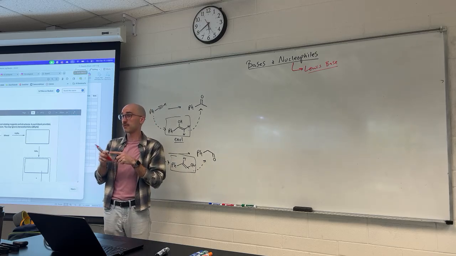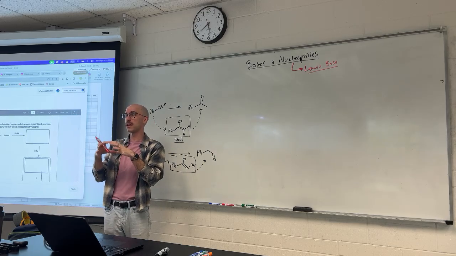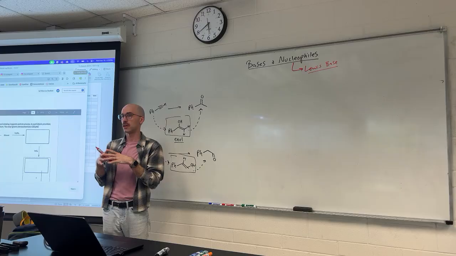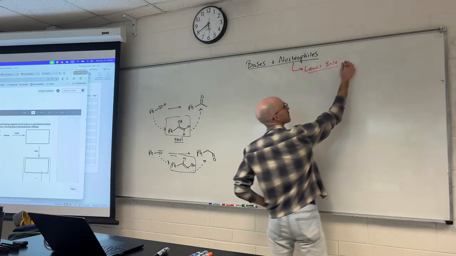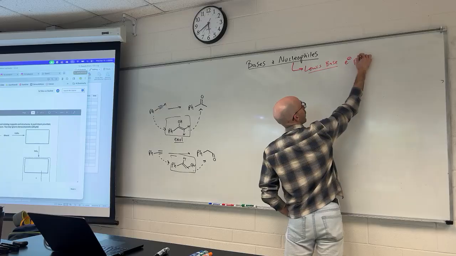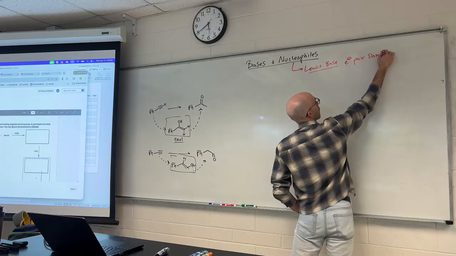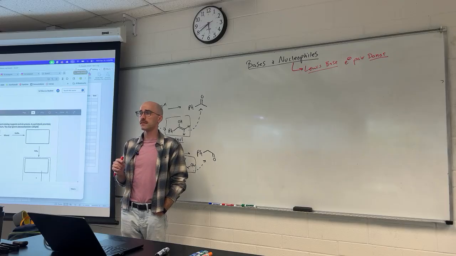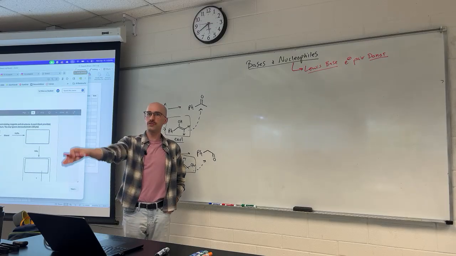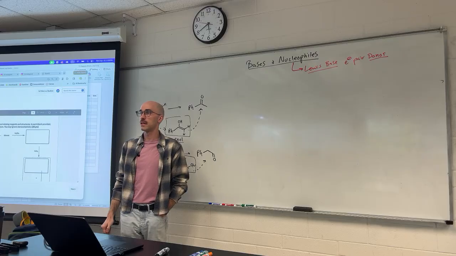A Lewis base centers around how electrons are being shared, how electrons are changing. A Lewis base is an electron pair donor. That is something that has an electron pair and uses it to form a bond.